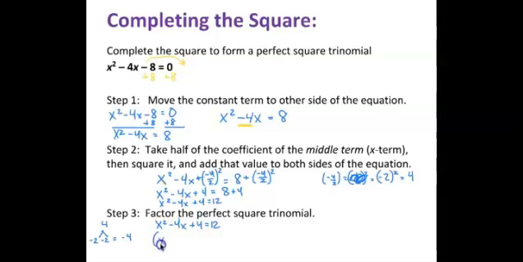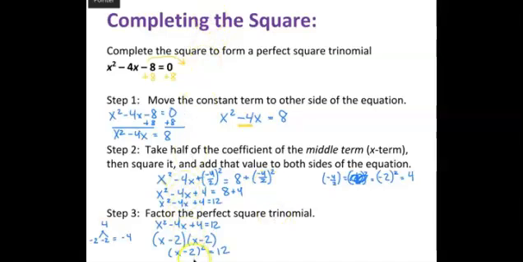So look what we would have here. X minus 2 times x minus 2. That's a perfect square. I can just rewrite that as x minus 2 squared, right? Because it's the same terms in the set of parentheses, so I can just square that and set that equal to 12.